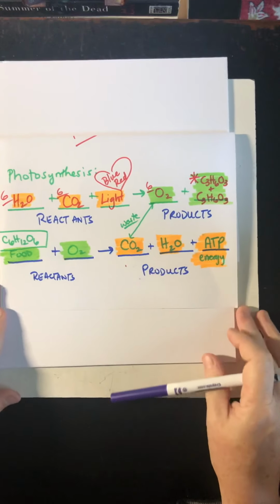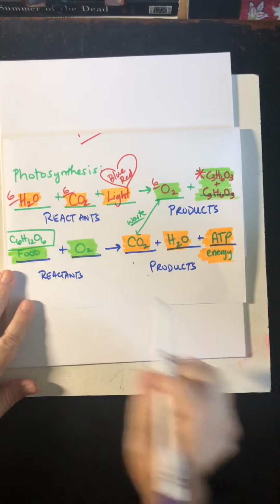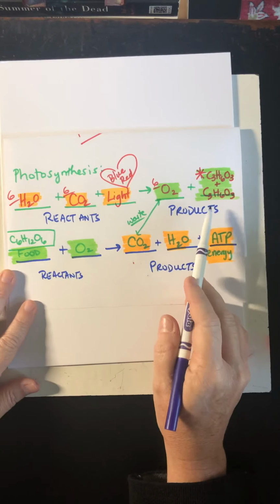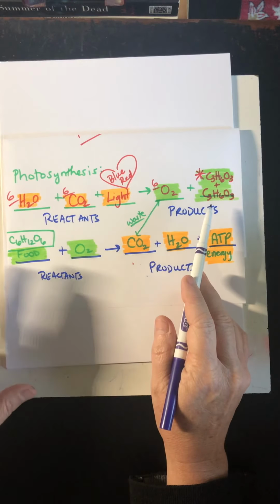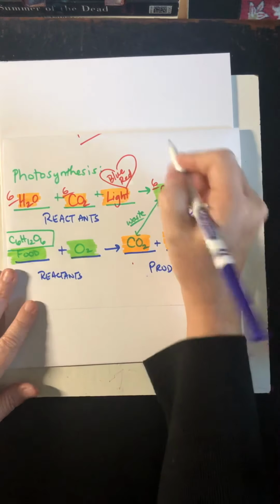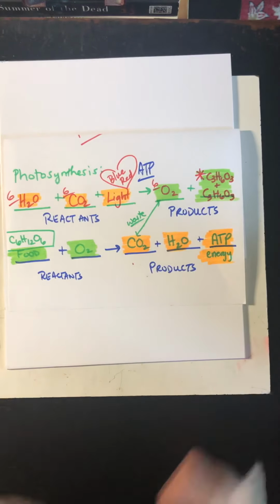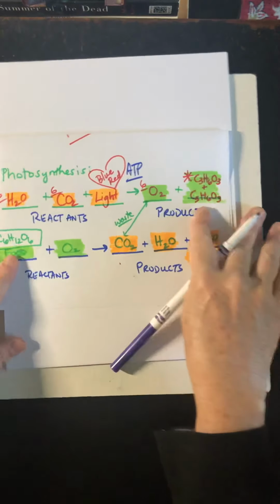I'm going to go back to this formula really quickly, and I want to show you one thing that's kind of cool. In this process of photosynthesis, you should have learned that the light reaction makes ATP, and the ATP is necessary to run the Calvin cycle, which makes this sugar.